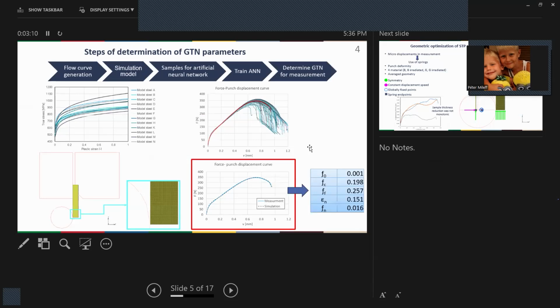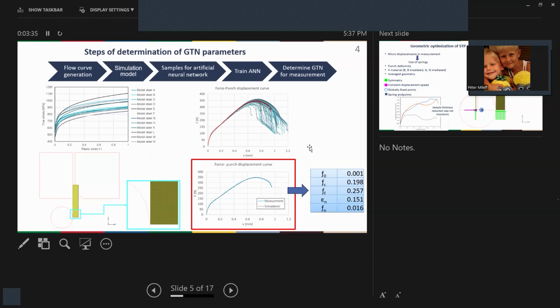As the fracture toughness determination is always connected to some kind of large strain simulations, we had to determine some kind of damage parameters, for example, Gurson-Tvergaard-Needleman parameters. For that purpose, we generated flow curves from our tensile tests, which we put into our simulation model.